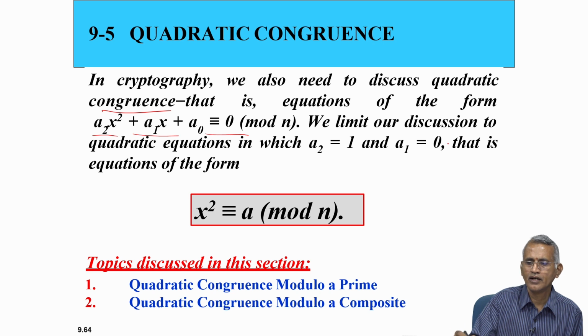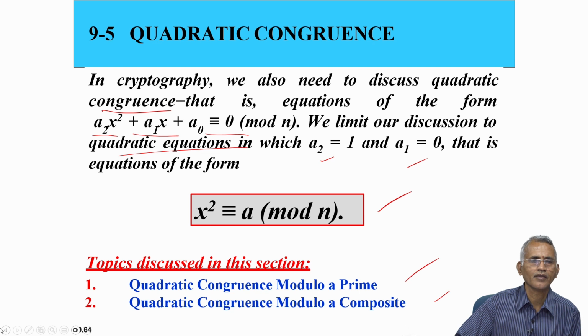We limit our discussion to quadratic equations in which a2 is equal to 1 and a1 equal to 0, that is, the equation of the form x square is identically equal to a under modulo n. The topics to be discussed in this section are quadratic congruence modulo a prime and quadratic congruence modulo a composite.